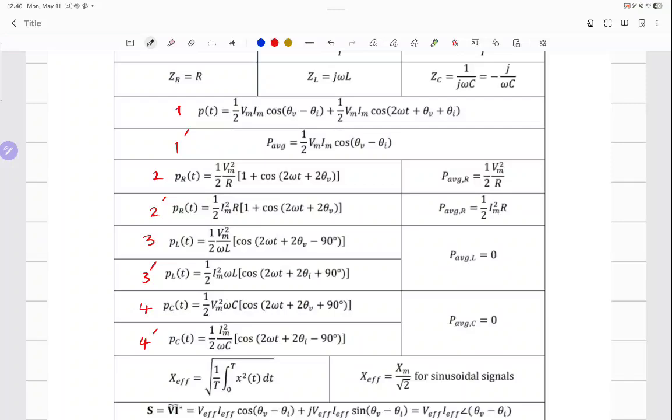But anyway, it's a separate row. 2 and 2 prime are for resistors, for either voltage or current, and in front of them is the average. 3 and 3 prime are for inductors, and in front of them, the average is 0. 4 and 4 prime are for capacitors, and in front of it, the average is 0. Okay? So you don't have to memorize them. But you have to understand where to use them.